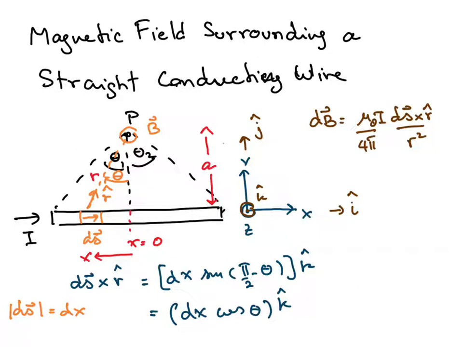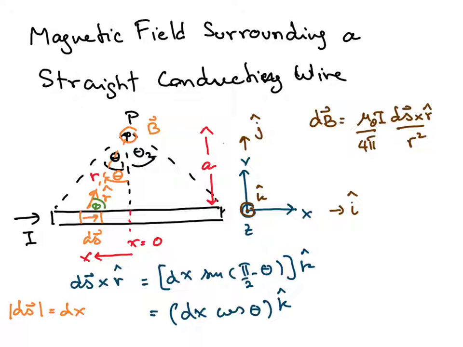And when we do the cross product, ds cross r, r is a unit vector, so the magnitude of r is 1. So it means that the magnitude of ds cross r is the magnitude of ds times sine of the angle between vector r and ds. And this angle is here, right?